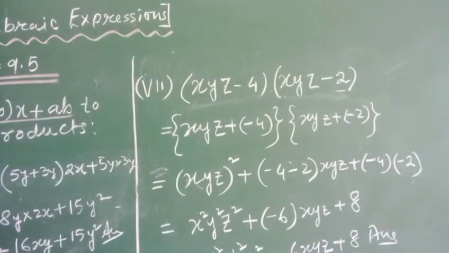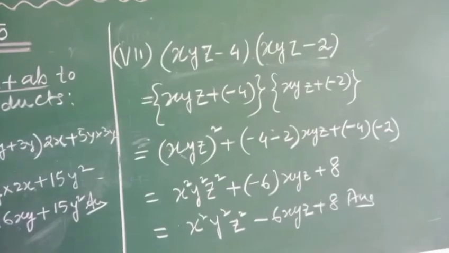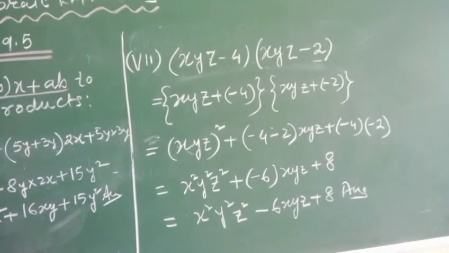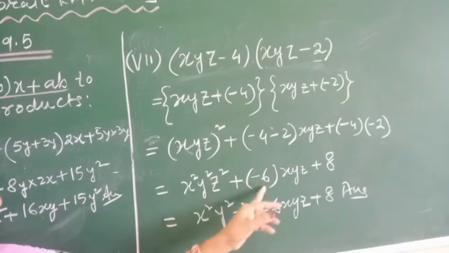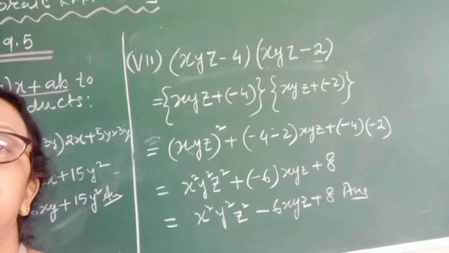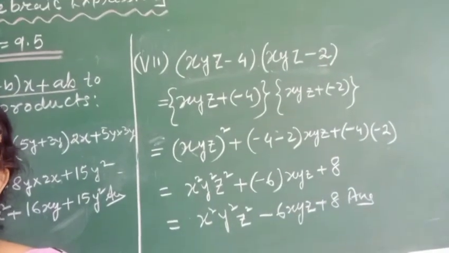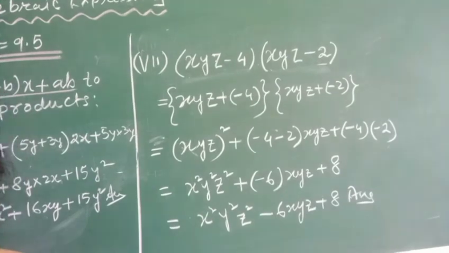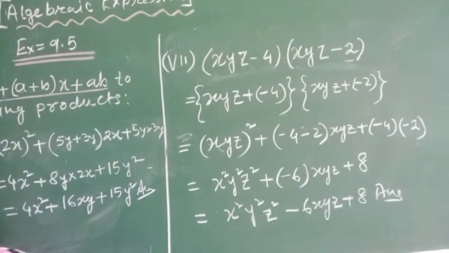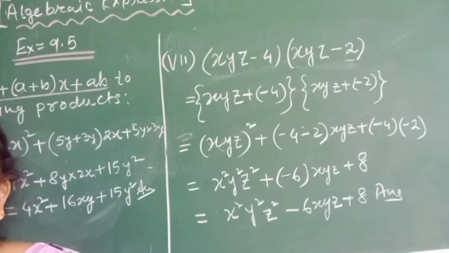So in this way, can you see the sum? Okay, in this way, when it is minus, then plus minus 6xyz. I hope sums are now easy for all of you, and you need to practice it properly, and if you practice it, it will be easy for you. Thank you, students.